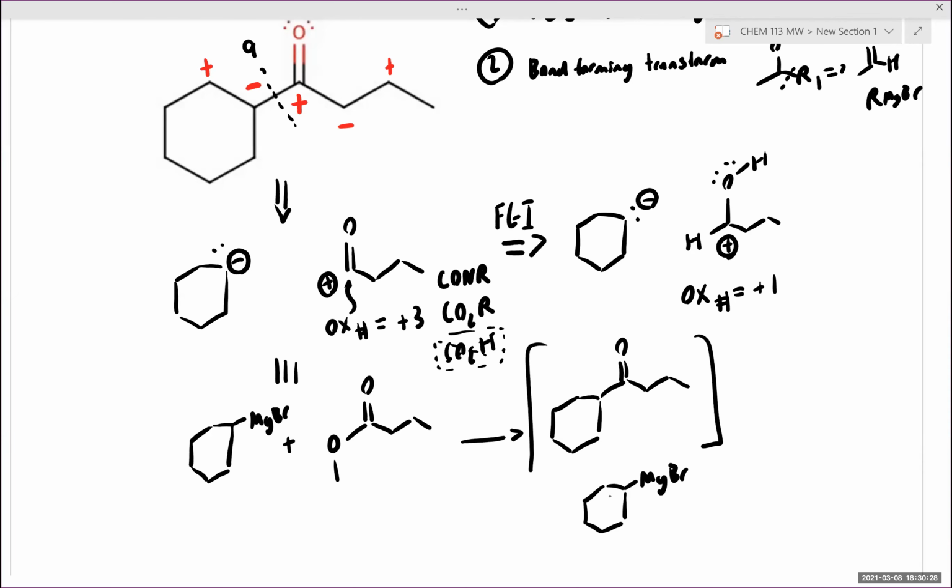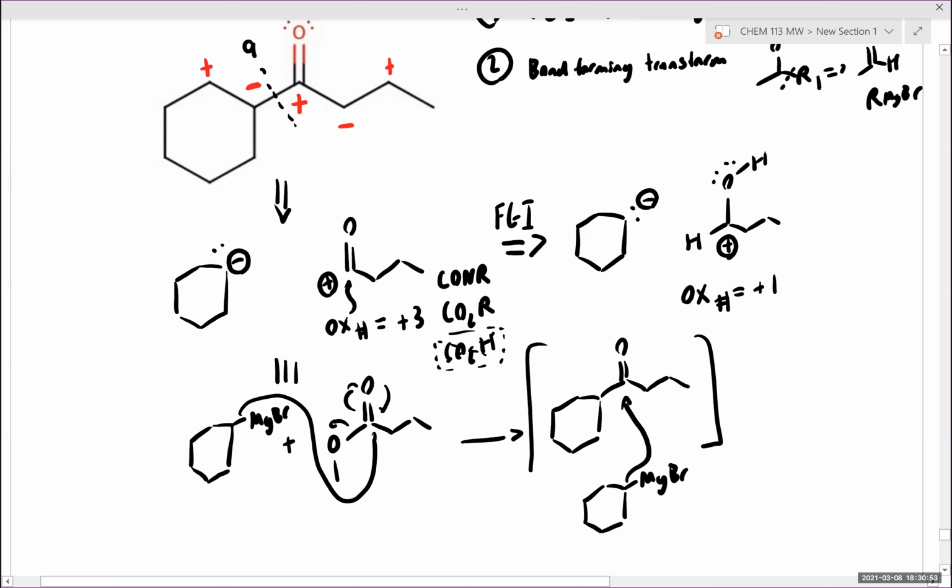I have one student commenting you'd end up with two cyclohexyl groups attached. That's exactly right. Remember, when you react a Grignard and an ester, the first addition occurs and we generate the ketone.